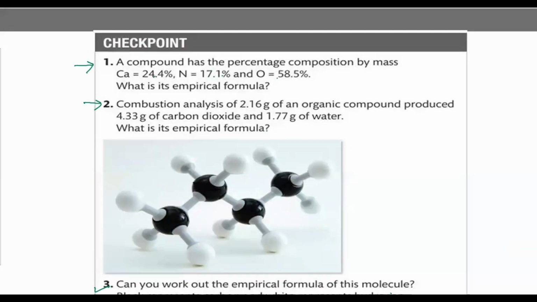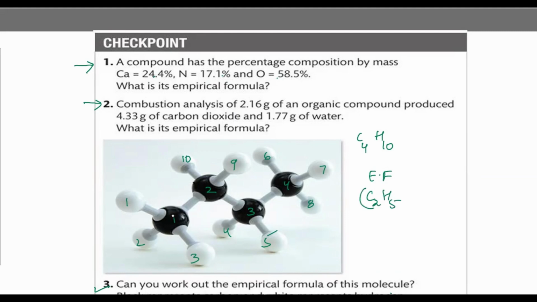Let's count the number of carbon here: 1, 2, 3, and 4. So this molecule has 4 carbon. And how many hydrogen? 1, 2, 3, 4, 5, 6, 7, 8, 9, and 10. So it has 10 hydrogen. If we simplify by dividing by 2, we get the empirical formula C2H5.